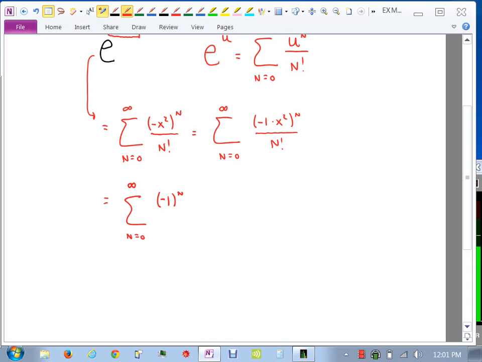Negative 1 to the n, x to the what? 2n, all over n factorial. Now the negative 1 to the n over n factorial, that's your c sub n. The rest of it is your x minus a to the n. So we'll just do a power rule on the x to the 2n for integration.